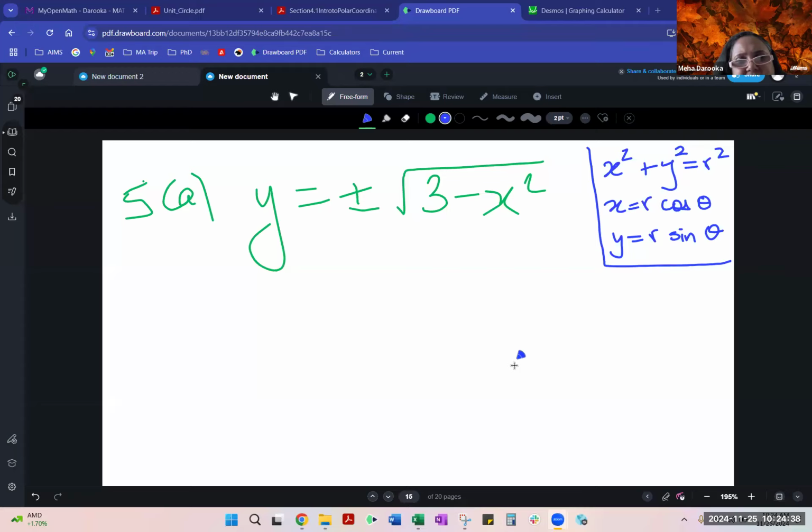Okay, Jeff, you are saying square both sides. Phoenix, you went with the conversion with x and y. I actually think I like what Jeff is talking about. So let's try that first.